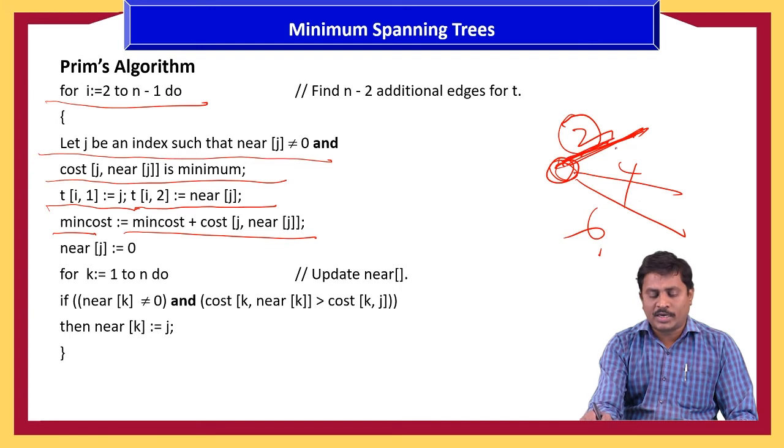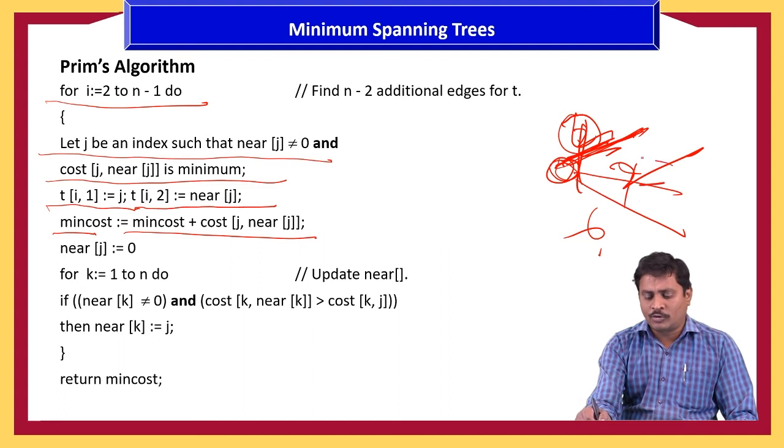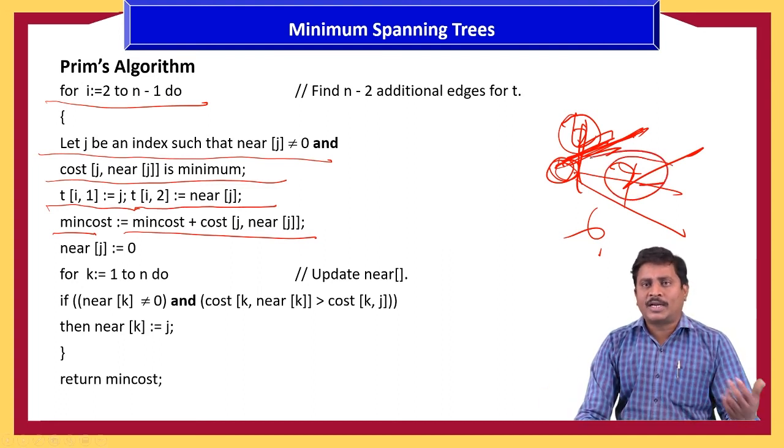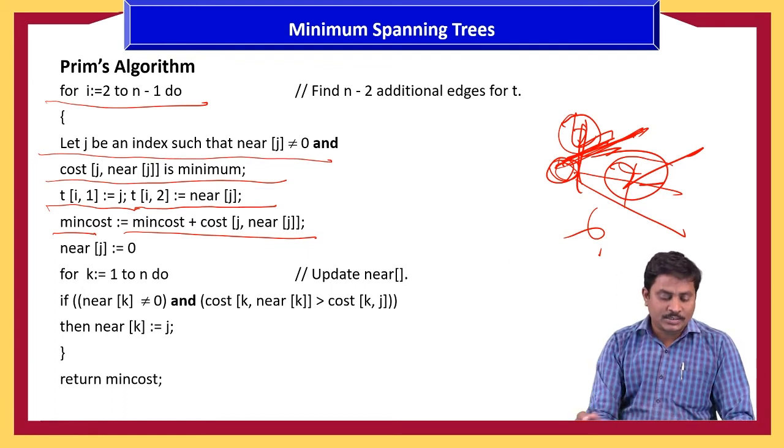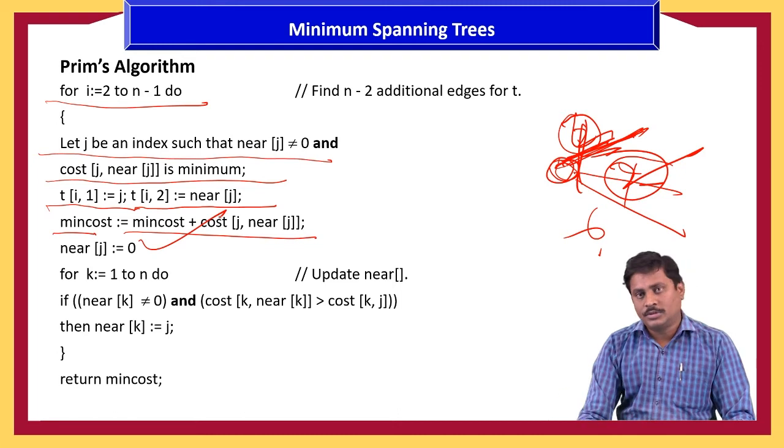Suppose this value is lesser, then this is the minimum cost value. Otherwise, suppose this value is more than one of the remaining values. Suppose this value is 4 and this value is 2. 4 is greater than 2, so now 2 is the minimum cost value. Choose the minimum cost edge. Like this we continue for all the remaining vertices. Then near of j equals 0.